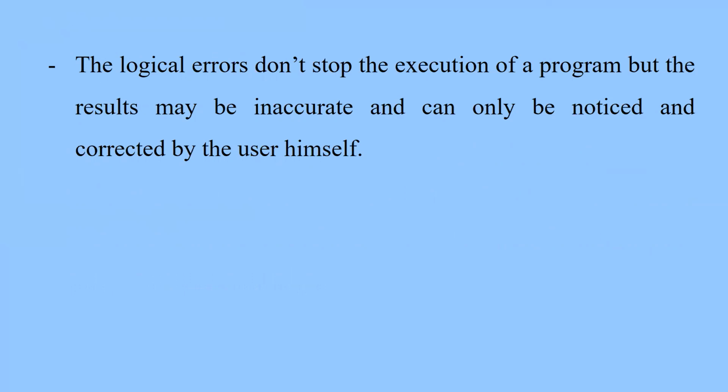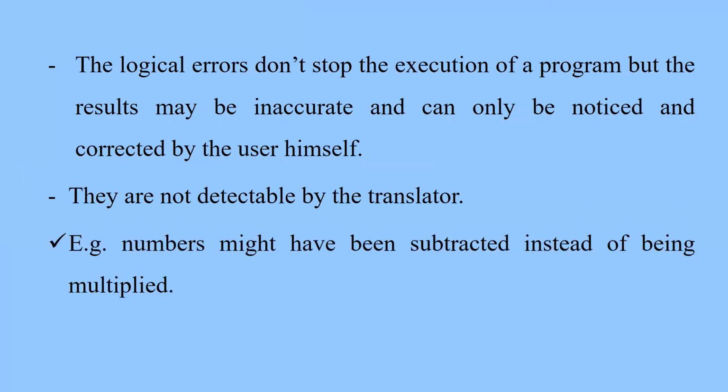This is because if, for example, you use an addition sign where you're supposed to use a subtraction sign, then the translator may not be able to detect that. So it is you who is going to detect that the answer is wrong. If, for example, you use a subtraction sign where you're supposed to multiply, it is you who will see and know that the result you are getting is not the correct one.